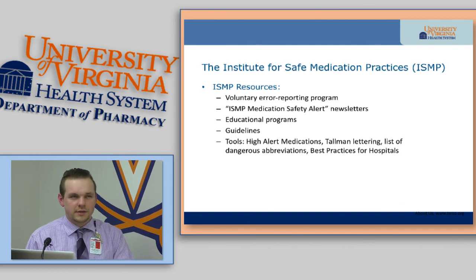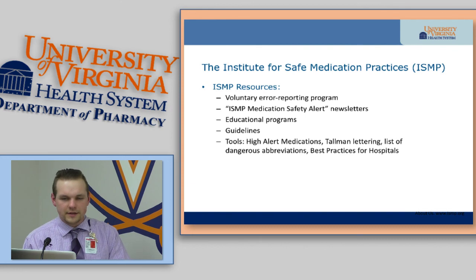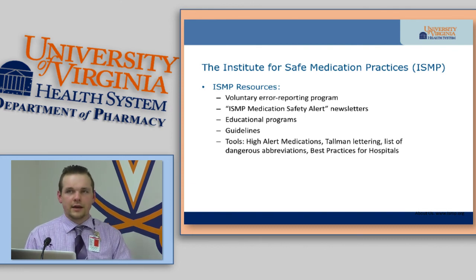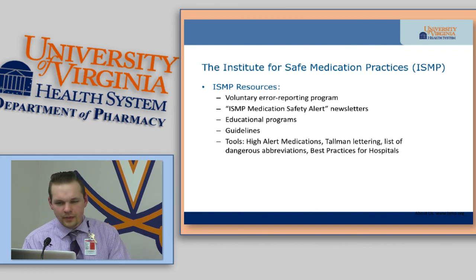Some of the resources that ISMP produces, and why ISMP is such a valuable organization, include a voluntary error reporting program. They collect self-reported errors from institutions around the country, and they aggregate this information and send it out to organizations so that everyone can be aware. They send out ISMP medication safety alert newsletters.